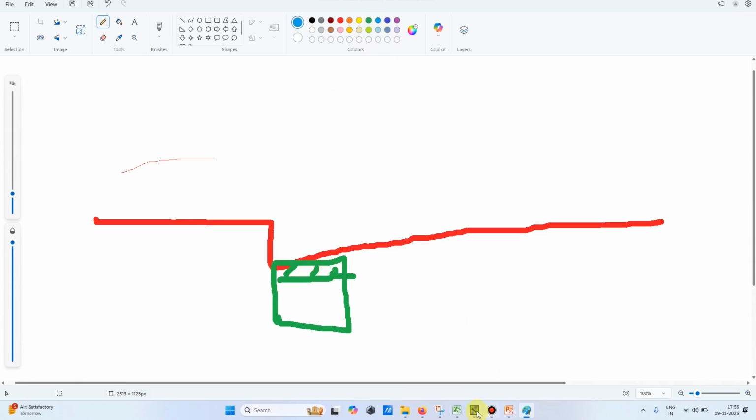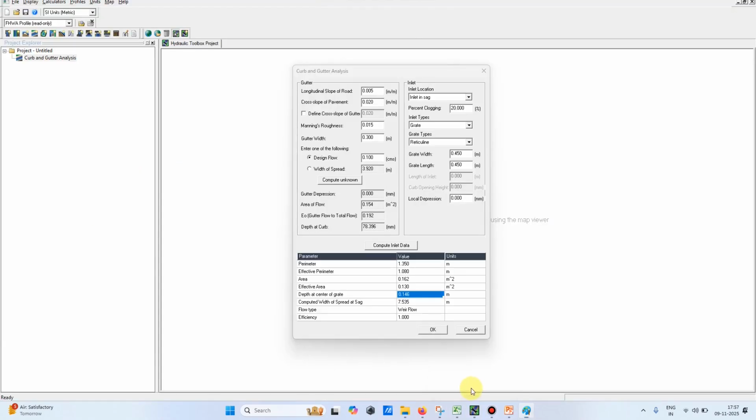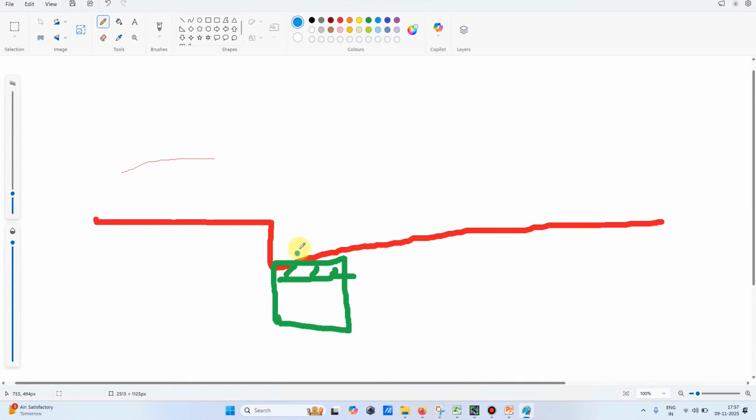I am getting the water depth for the design case is around 0.146 meters, the depth at the center of the grate. That 0.146 is more than the curb height. The curb height will be around 0.15 or nearly 0.10, that is 10 or 15 centimeters.